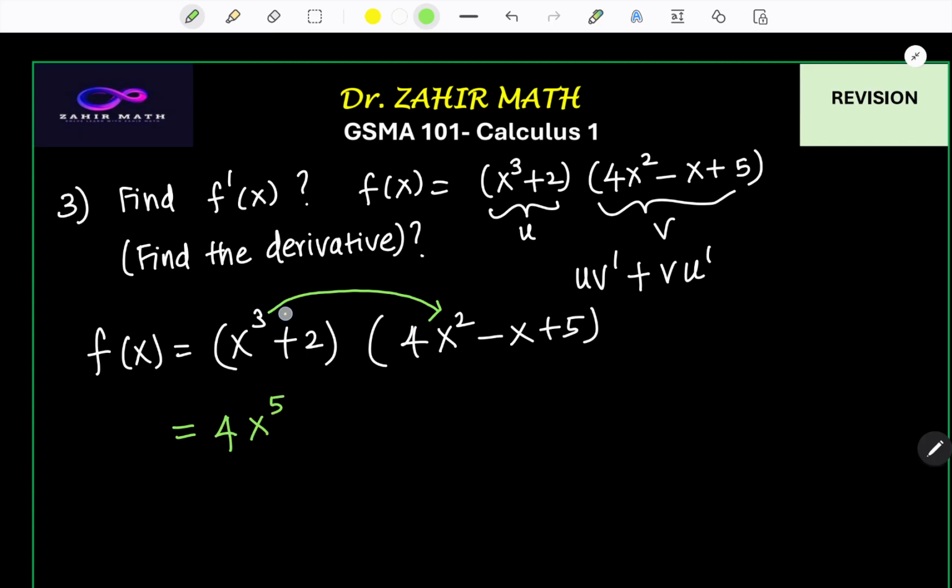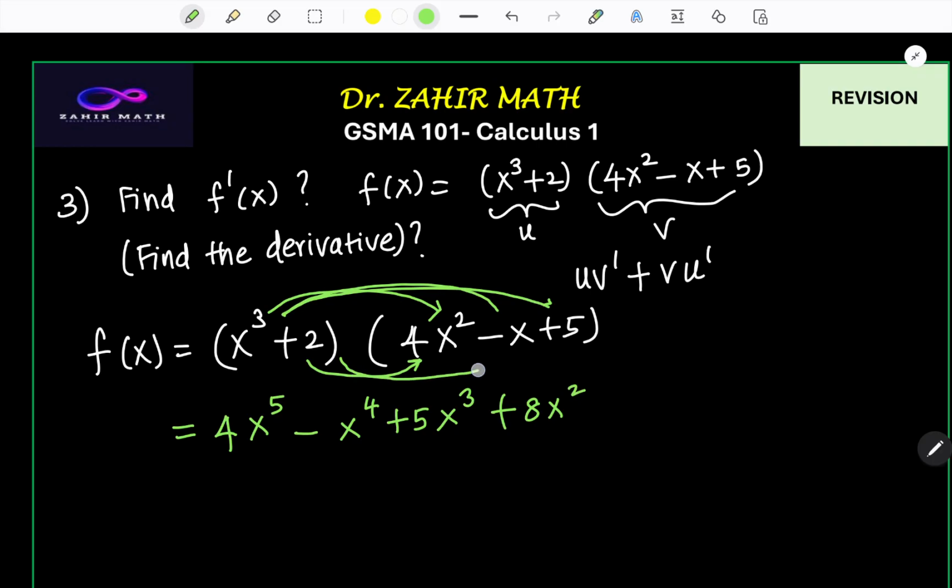Slowly do. x cube into minus x is minus x power 4. x cube into 5 is 5x power 3. Then 2 into 4 is plus 8x square. Then 2 into minus x is minus 2x. 2 into 5 is plus 10.